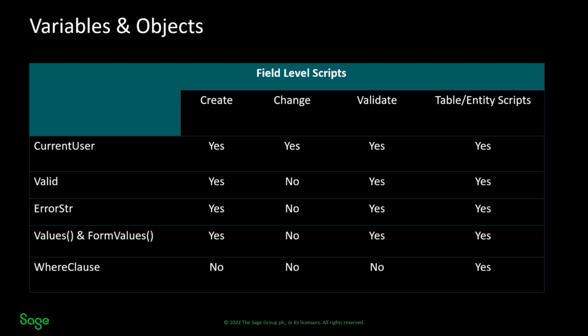So valid and error string are available server side. Values and form values are available again server side. And they really come into their own in the context of the entity level scripts, or where you want to get a field that isn't in the block but you know is in the form.